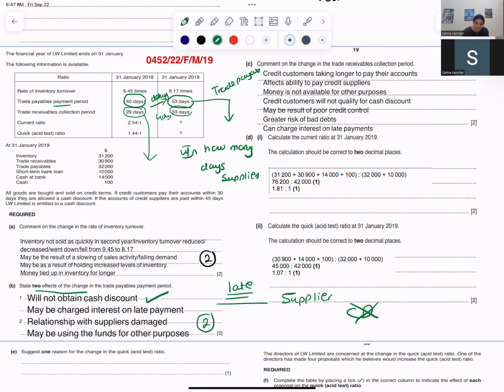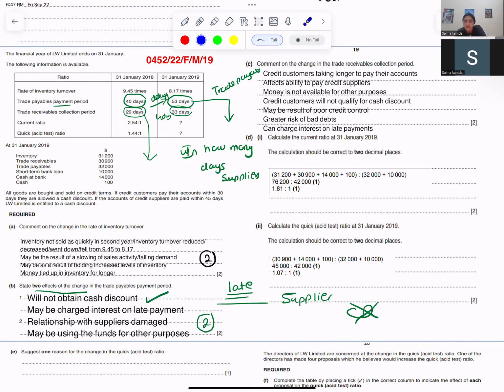What does this mean? It means that my credit customers are taking longer to pay. If they are taking longer to pay me, money is not available for me for other purposes. And if they pay me later, there are chances that I may have bad debts.